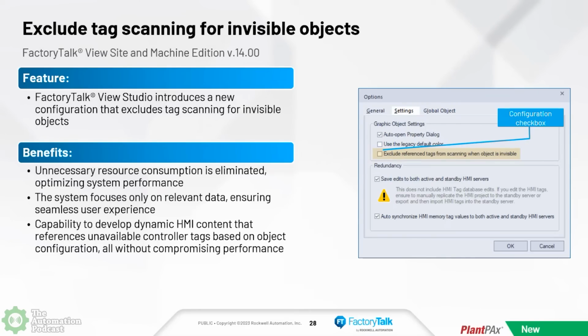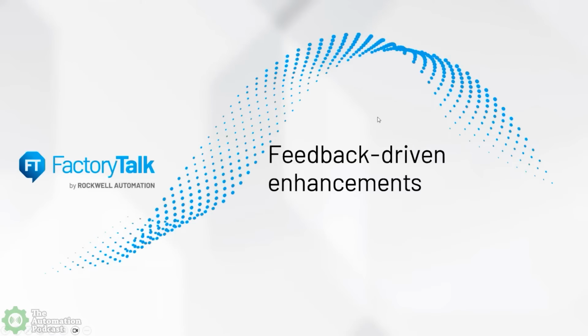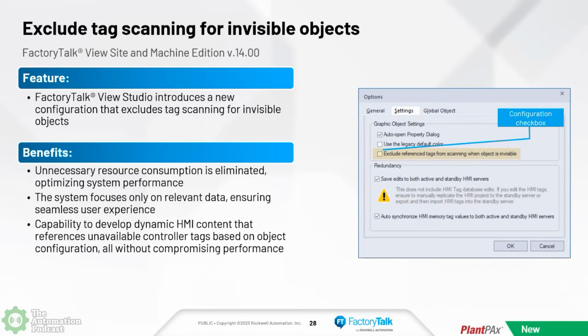Moving on to another theme, which is feedback-driven enhancements. This feature is called exclude tag scanning for invisible objects. Some of our users have come to us and said that sometimes they need to design displays, but the tags aren't currently in the controller. So when they try and pull it up, they will either get wireframes or they will get errors logged to the diagnostics logger, which they don't want.